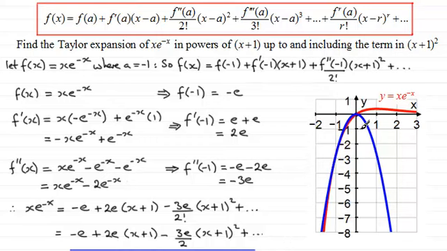And notice how close the graphs are to one another in the vicinity of x equals minus 1. So Taylor's expansion is going to work for values of x very close to x equals minus 1. If you go beyond that, like when x is 1, you're going to have a huge difference between your two values.